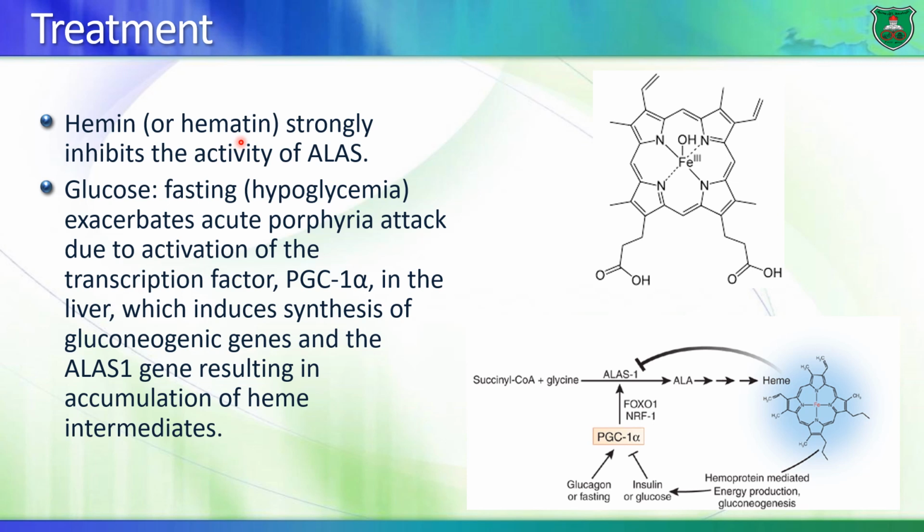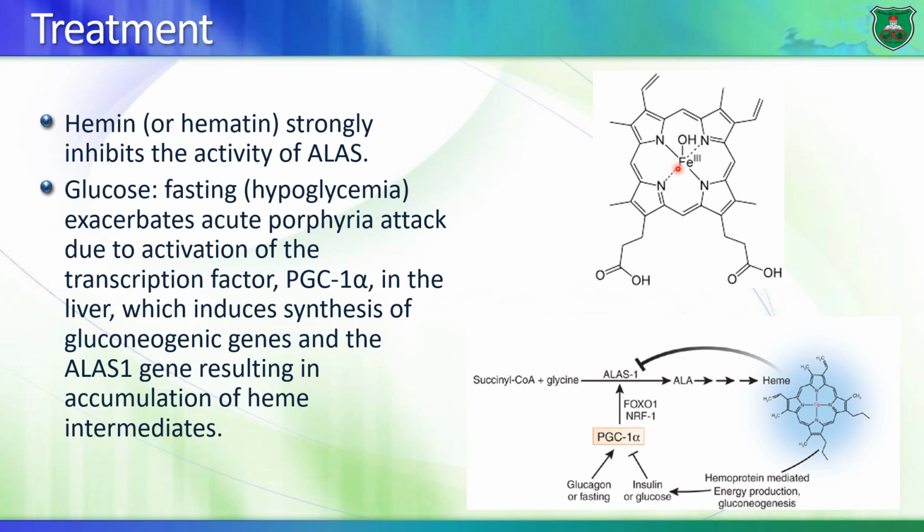Now, how are porphyrias treated? Well, they are treated by giving patients heme or hematin. So heme, as I said, is the molecule that has a protoporphyrin molecule with iron attached to it, in the ferrous state.